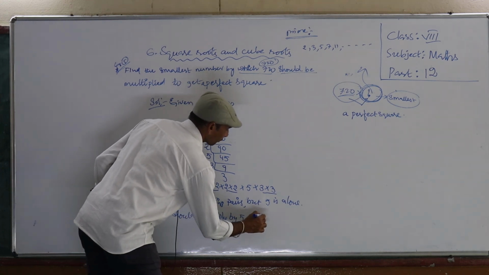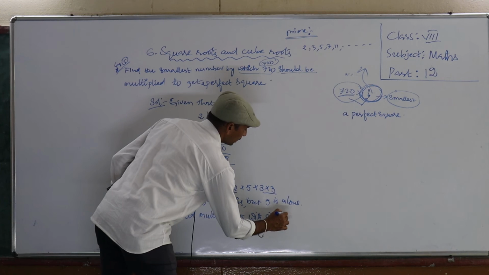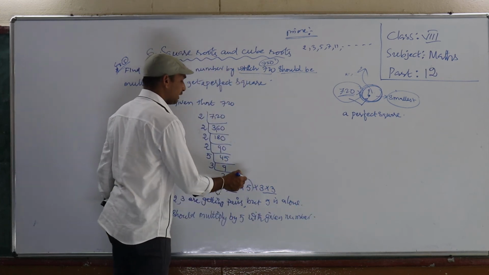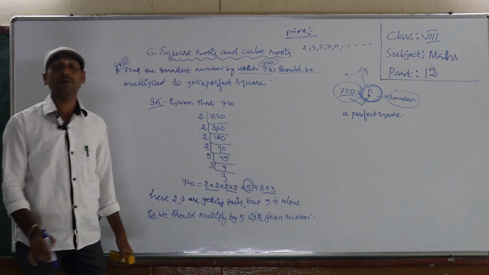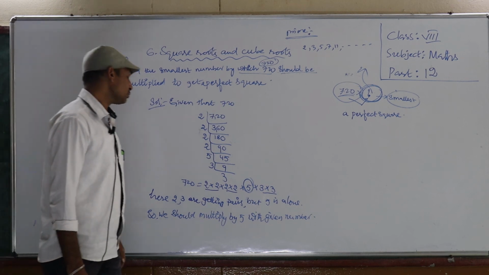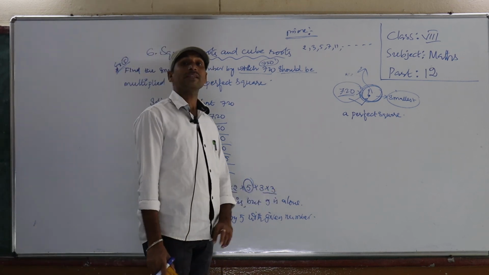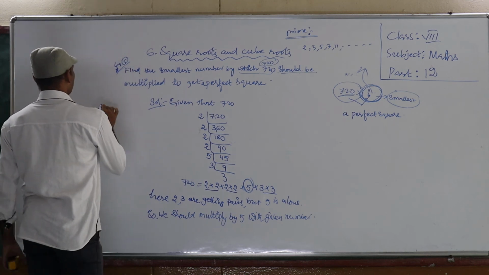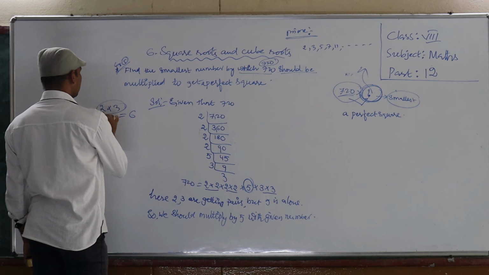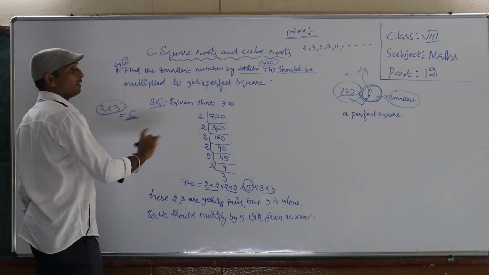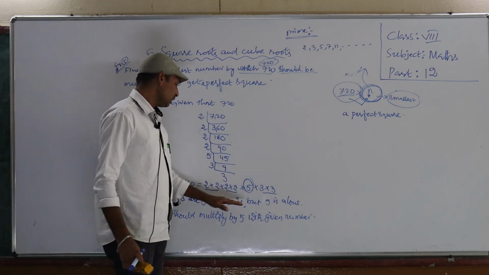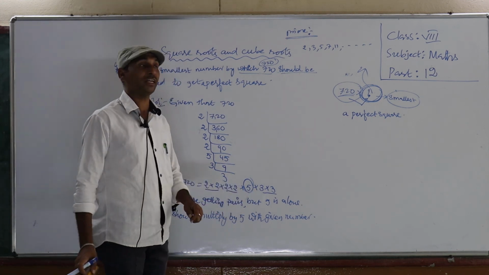So children, what number are we getting alone? With that number we should multiply. Sometimes you will get 2 numbers alone. So if 2 numbers are alone, then we should multiply with both of these numbers. So here 5 is alone, and the given number we have to multiply with 5.